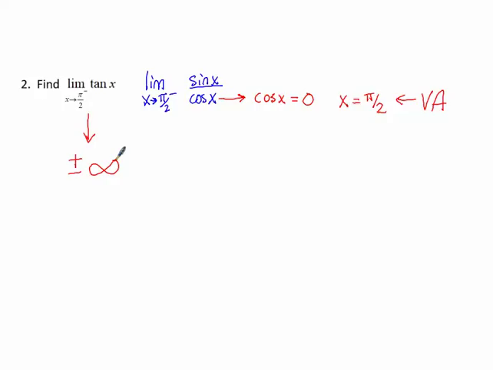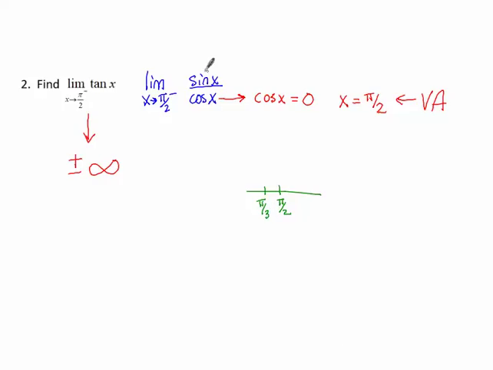How do we tell which is which? Well, we could pick a value very close to pi over 2, but just to the left. Can you think of a value very close to pi over 2, but just to the left? How about pi over 3?